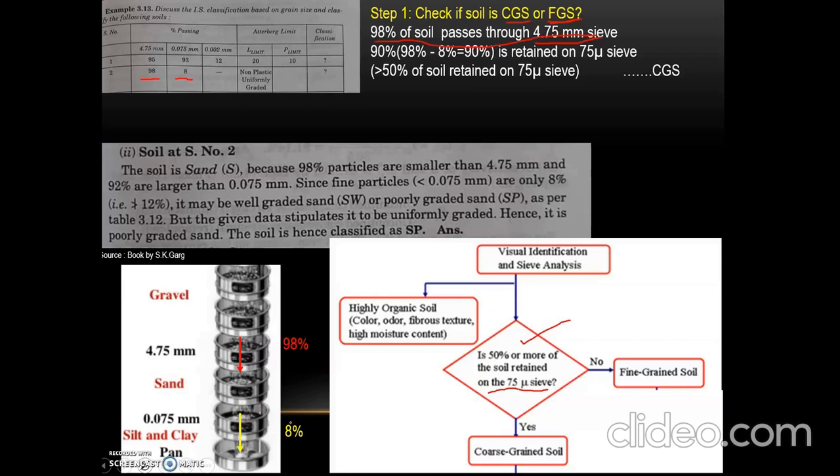That will be 98 minus 8, so 90% is retained on the 0.075 mm sieve. And as per the flowchart, if more than 50% is retained on the 75 micron sieve, then it is coarse-grained soil. This coarse-grained soil can be either gravel or sand. So in the next step, we will have to check whether the coarse-grained soil is sand or gravel.